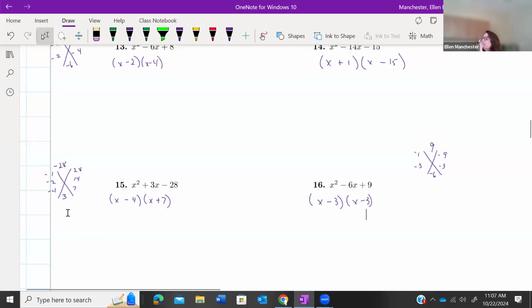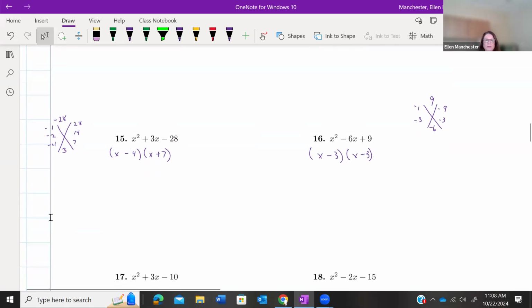Hopefully you'll get to the point where these are very quick. You see the numbers, you see what the factors need to be, and you can see what the sum of those factors is fairly quickly. But again, it just takes time. It takes practice.